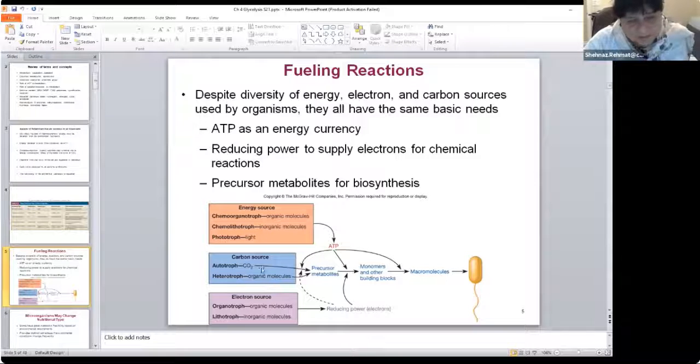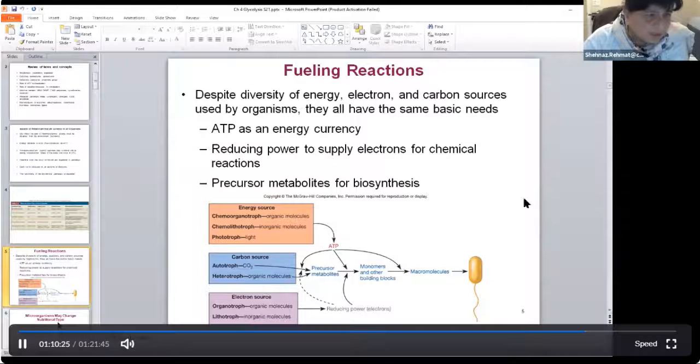The synthesis of these 4 macromolecules is what we will look at, which will eventually make your bacterial cell.